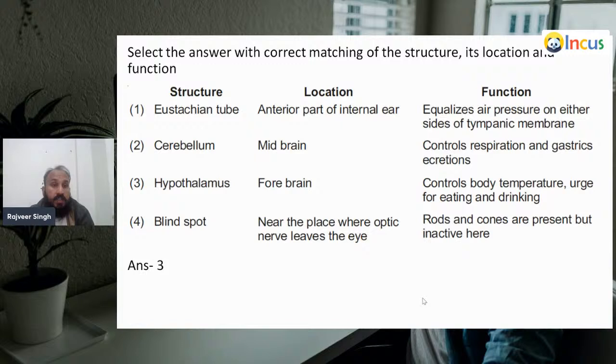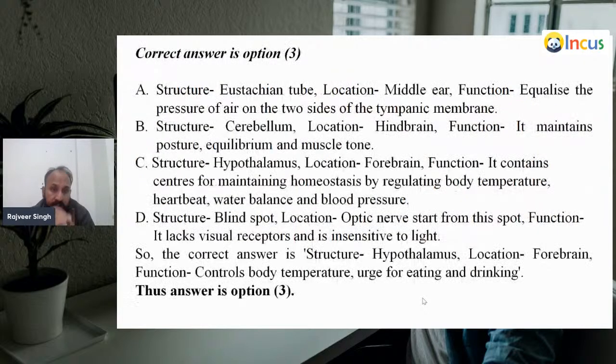Hypothalamus, forebrain, controls body temperature, urge for eating and drinking. Yes, this is right, just as we solved the previous question like this. Blind spot, near the place where the optic nerve leaves the eye. Rods and cones are present but inactive here. Among them, our right answer will be third.